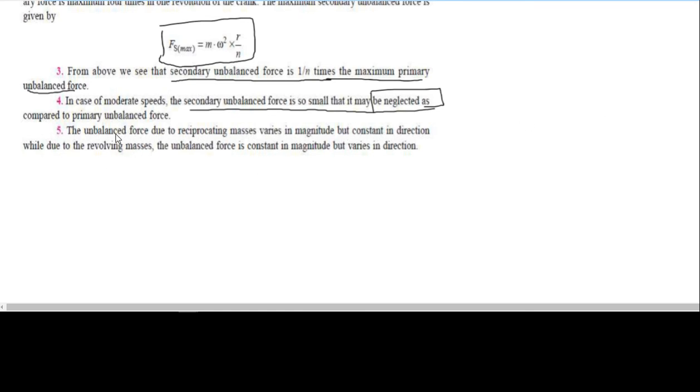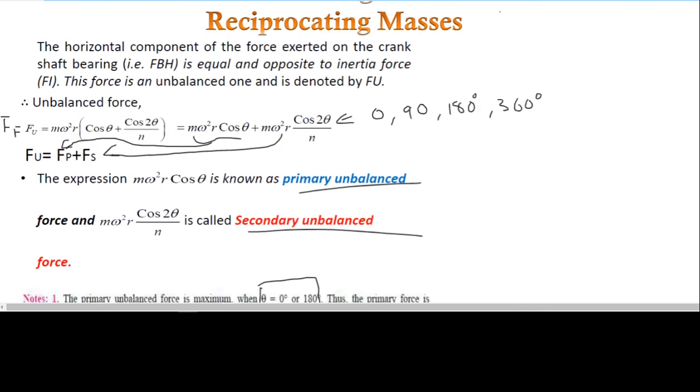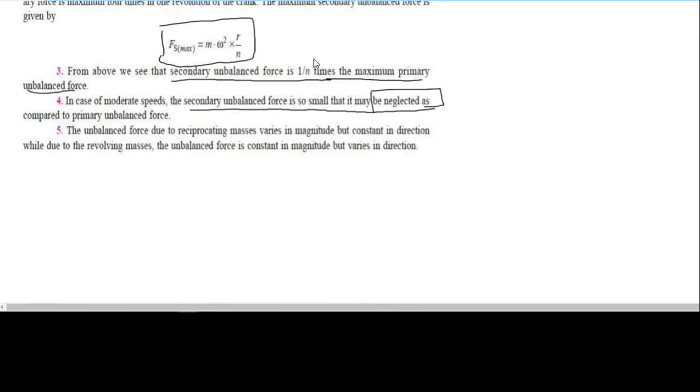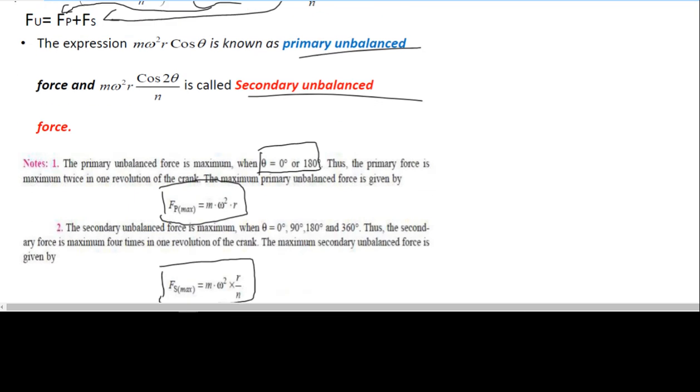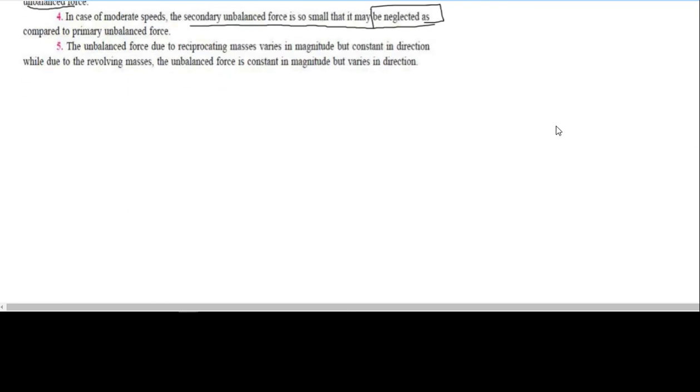So we only balance the primary force, or partially balance the primary force. We do not take the unbalanced secondary force, we only balance the primary force. That is why we take partial balancing of the primary unbalanced force.